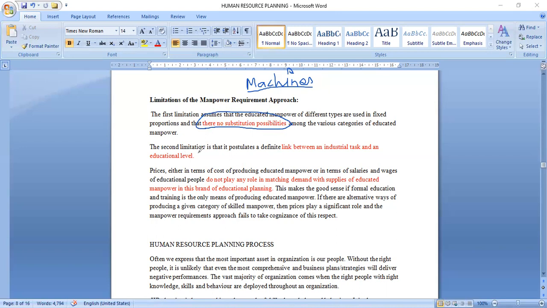Then the second limitation of the manpower requirement approach is that it postulates that there is a definite link between industrial task and educational level.